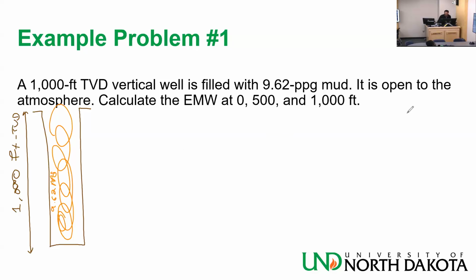And I want the pressure here, the EMW here, the EMW here, and the EMW at the bottom. Notice that I didn't talk about any drill pipe or anything. It's a well without any drill string in it. It's just an open hole with fluid in it. It's just a hole on the ground with mud inside. So it's going to be only 3 values.